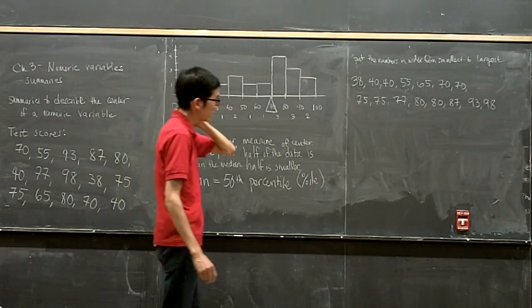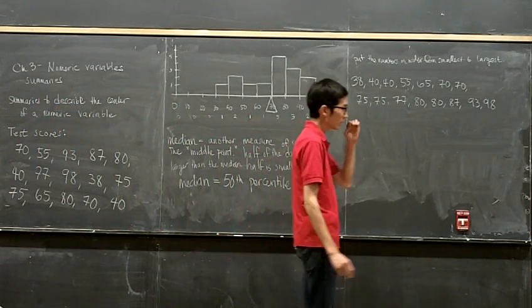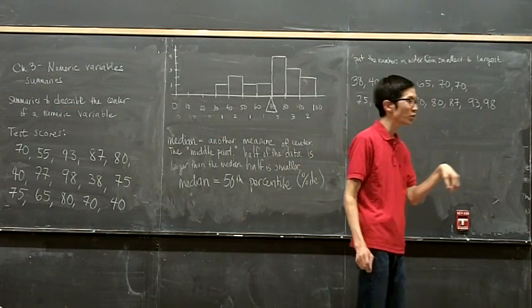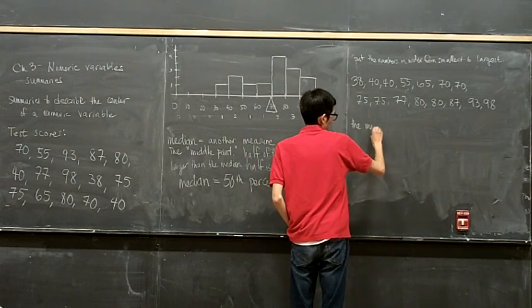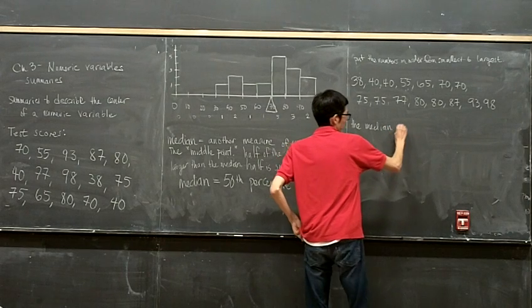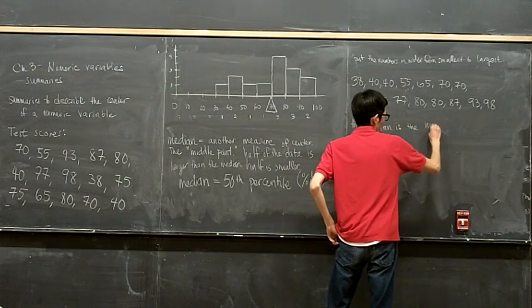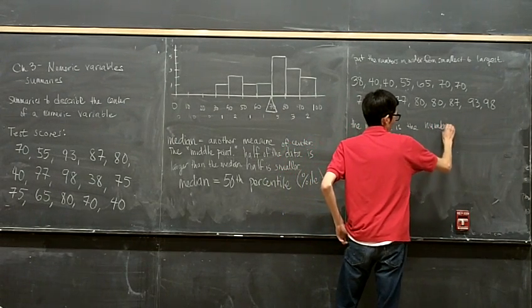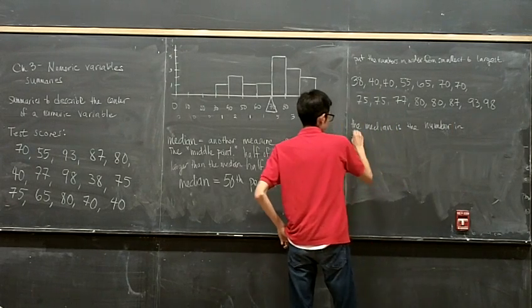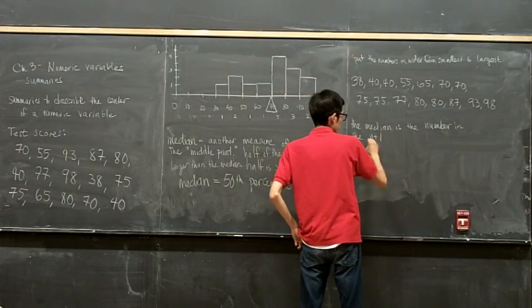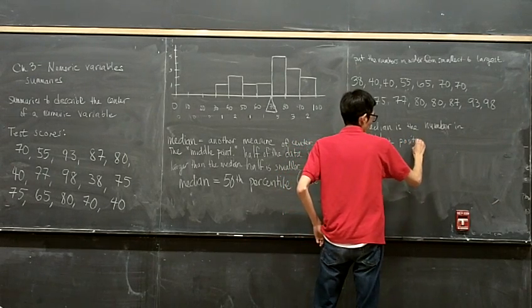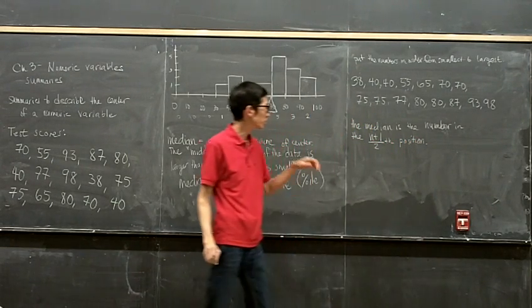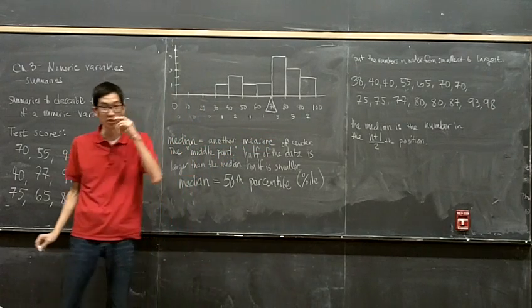So now, the median is the number in the n plus 1 over 2th position. Okay, the median is not n plus 1 over 2.